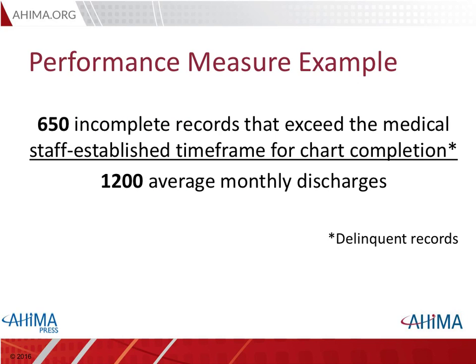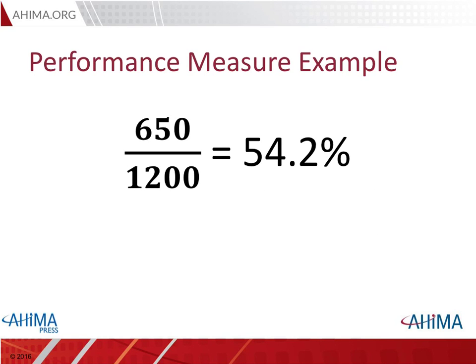So for our example, for our performance measure, we would divide the number of our delinquent records by the average number of monthly discharges to see how we are doing. Our rate is 52.2%, which exceeds the Joint Commission standard of 50%. It also exceeds the hospital's benchmark of 45%.